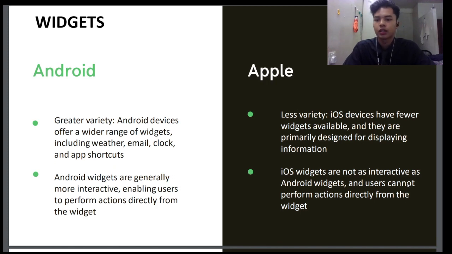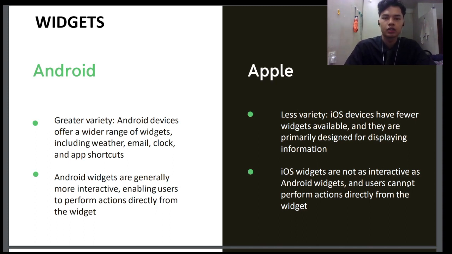As for widgets, Android has greater variety. Android devices offer a wider range of widgets including weather, email, clock, and app shortcuts, which can be downloaded easily on the Play Store. Android widgets are also generally more interactive, enabling users to perform actions directly from the widget.